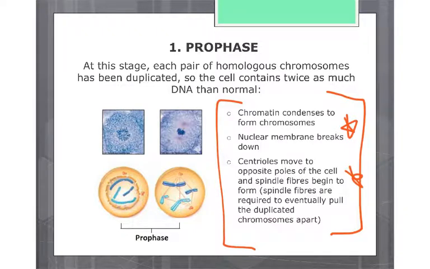Okay, so prophase is kind of the beginning. Your cell is getting ready to go through that phase of splitting. But when we look at these pictures, it's important that you look at real life cells. So when you see a picture of a cell underneath a microscope during prophase, these chromosomes are going to be condensed.